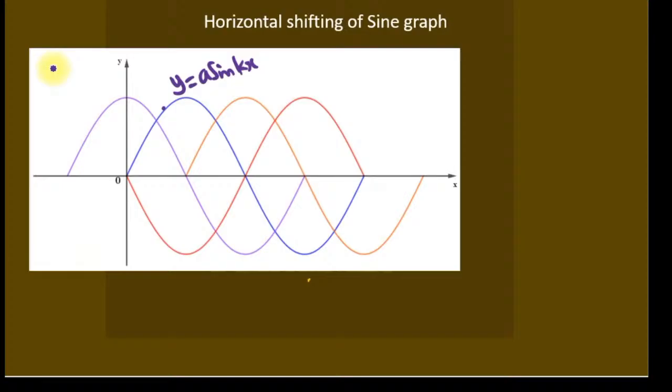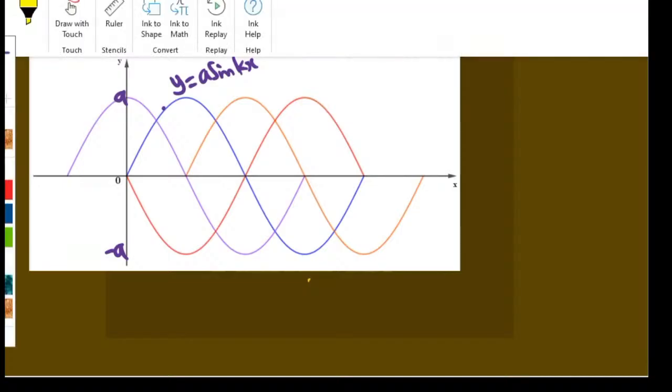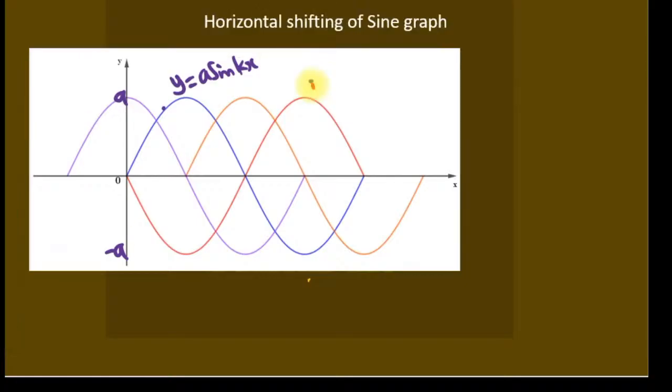So if here is A, because the absolute A is called the amplitude, here is minus A. So the graph of the red function is now y equal to minus A sine kx.